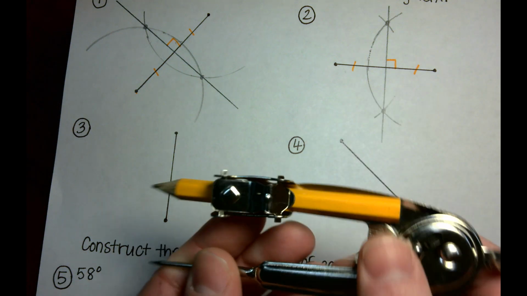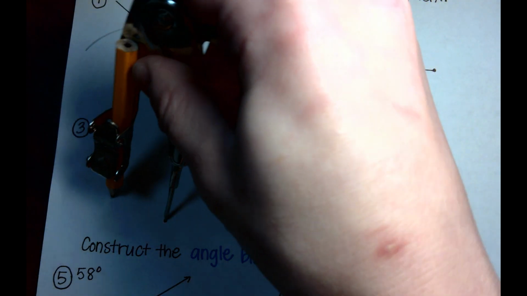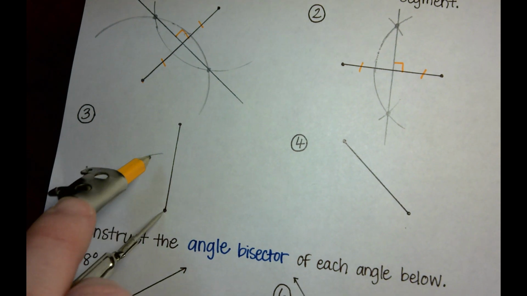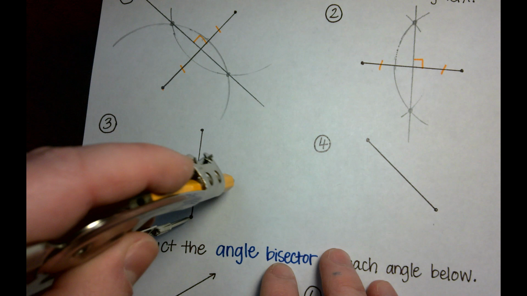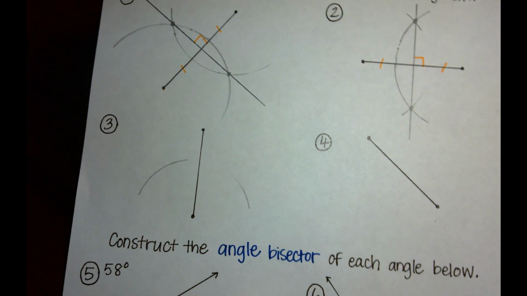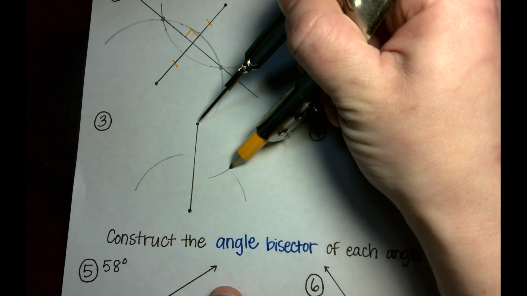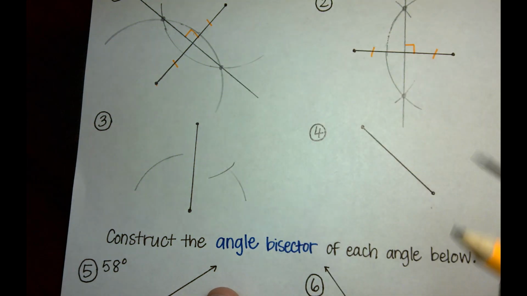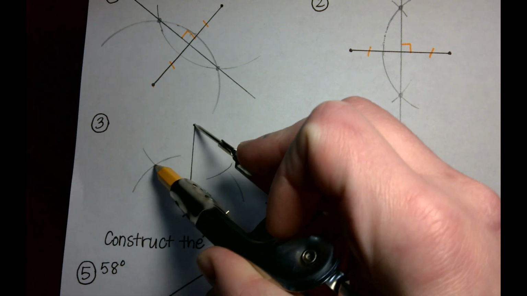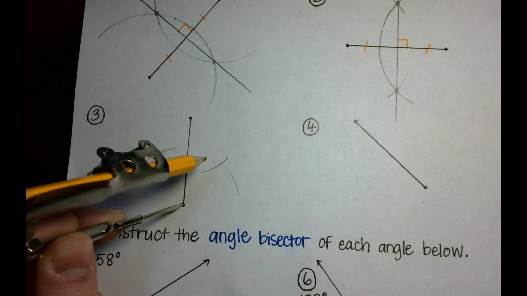There. And the other endpoint. Make sure it crosses through. It just barely did. And darker.